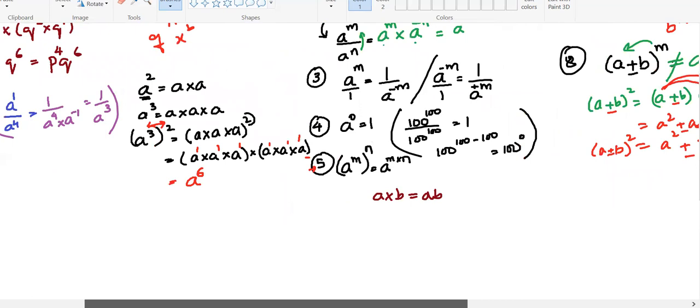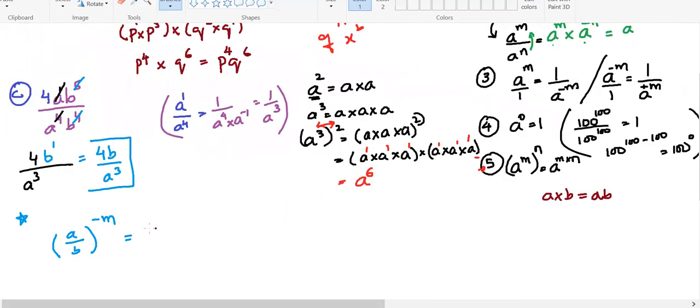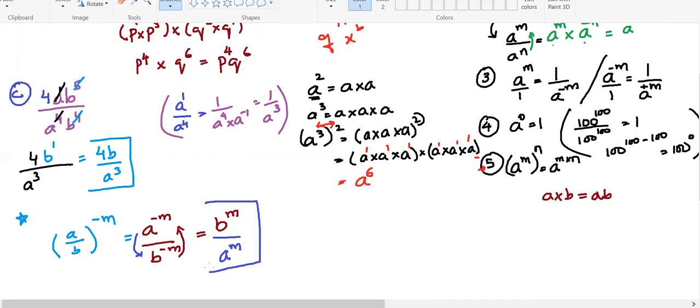If I were to do that, I would give this negative power, negative m, to a in the numerator and b in the denominator. And then if I have to make each of these powers positive, I'll bring this b to the power negative m up to make it b to the power positive m, and this a to the power negative m down to get a to the power positive m. This could be our answer. This is just an example.